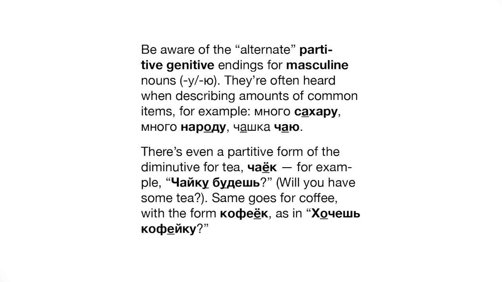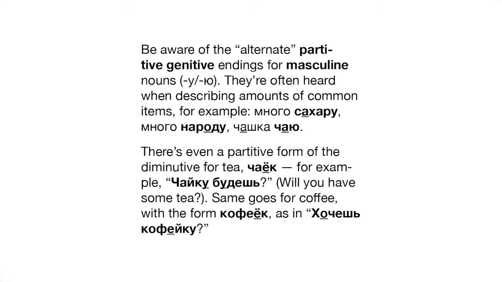Чашка чаю. Now, to make matters a bit even more difficult, Russians often use diminutives for coffee and tea. The diminutive for tea is чаёк, and the diminutive of coffee is кофеёк. Now, you don't hear those nominative forms very often, but you do hear their partitive forms, again with this у genitive ending.